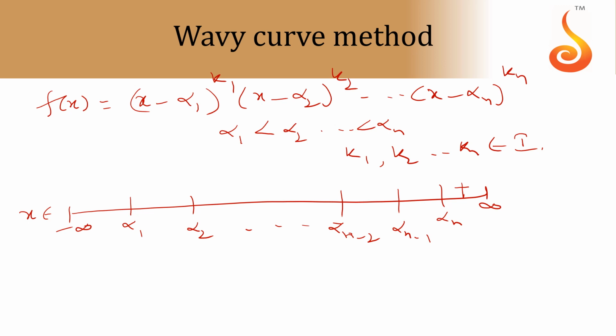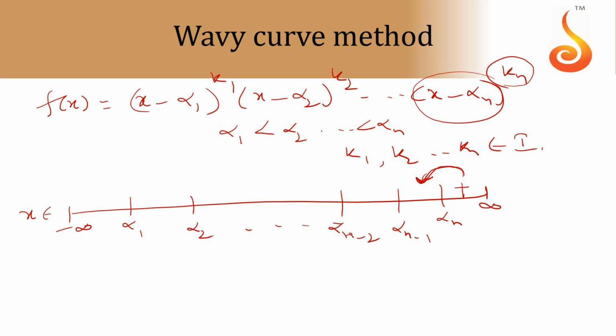Then if you see into this region, where x takes values between alpha n minus 1 and alpha n, means greater than alpha n minus 1, less than alpha n. Then the simple logic is, which critical value you are crossing, that factor's power you see.